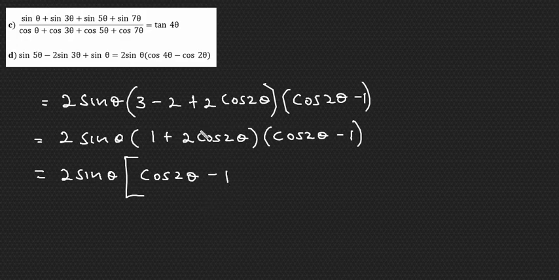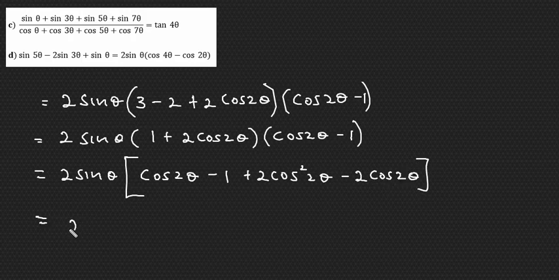Then we come to this 2 cos 2 theta times cos 2 theta, we get a plus 2 cos squared 2 theta. And now 2 cos 2 theta times negative 1, we get negative 2 cos 2 theta.